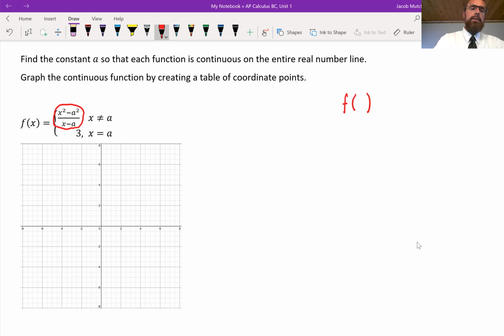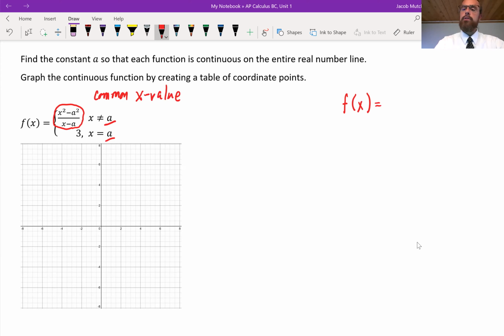Now, what we see here is that the common x value isn't a number. In fact, it's the very thing we're trying to solve for. The common x value is a. So what we'll do on this first one is we're not going to calculate f at x, we're going to calculate f at a.